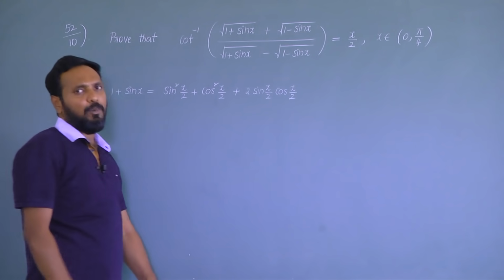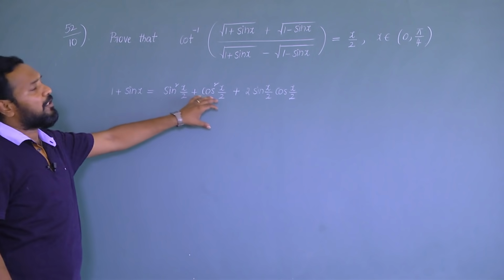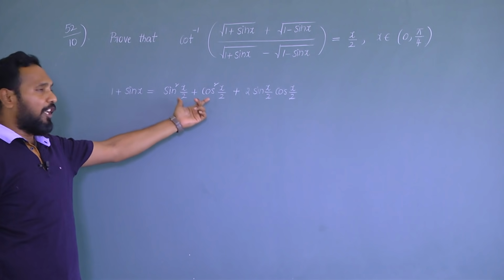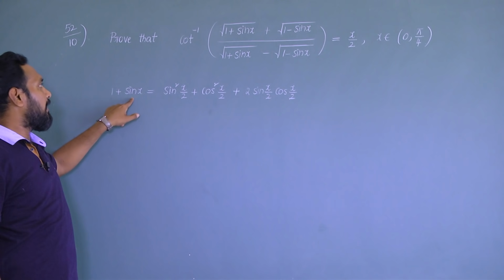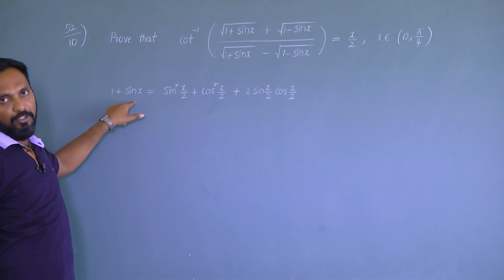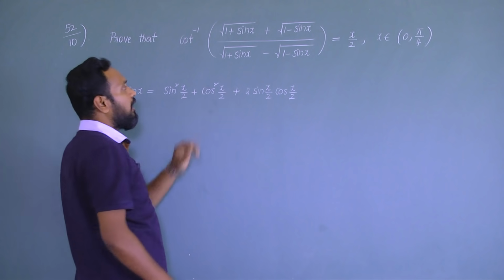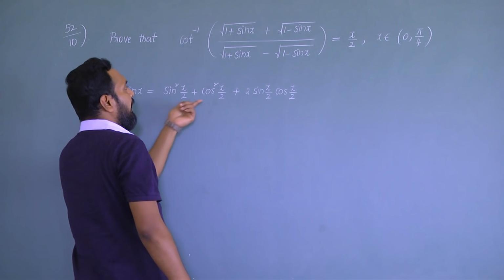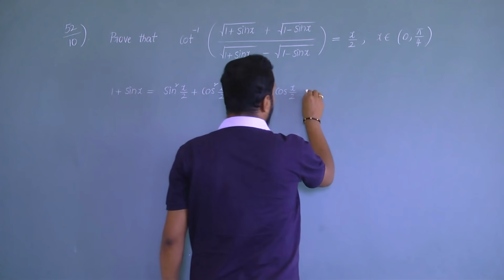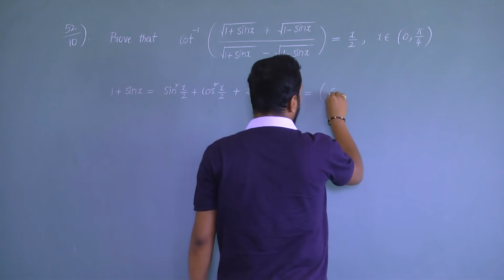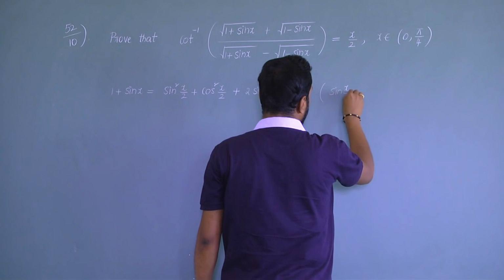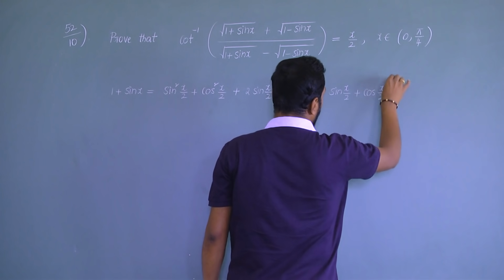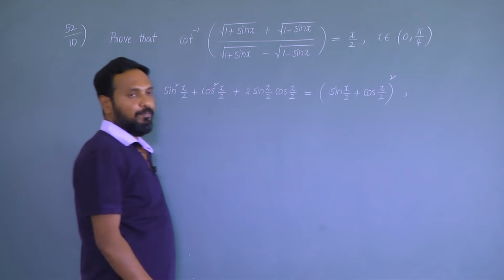You may get a small doubt that sin square x plus cos square x can also be written, but it doesn't have any use. Why? Because the other given term is in terms of x only, so I have converted in terms of x by 2. By the formula a square plus b square plus 2ab, this is a plus b whole square, that is sin x by 2 plus cos x by 2 whole square.